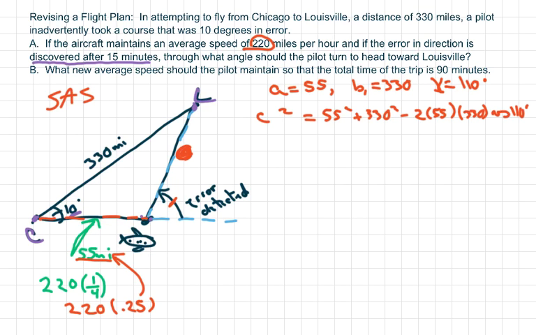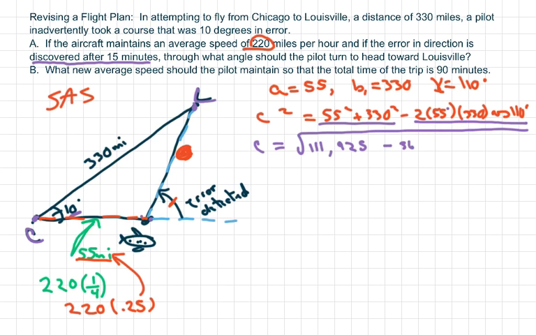And as usual, I'm going to shortcut this and do the square root. It's better if you do this part first. So I'm square rooting both sides, and I'm going to get 111,925 minus 36,300 cosine of 10.